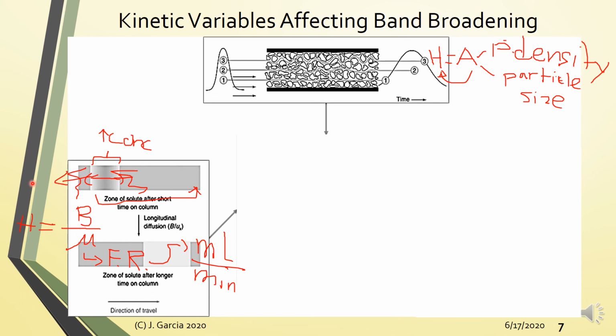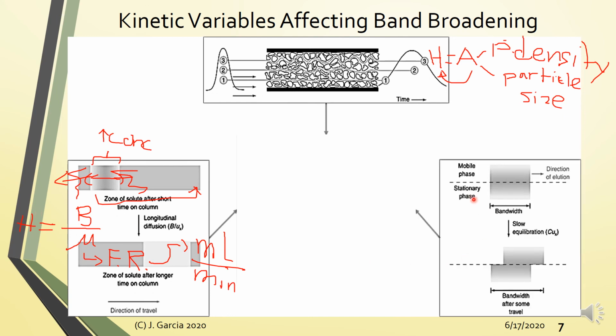But if you increase the flow rate, what happens? The theoretical plate height goes down, because you are preventing your band from diffusing, or not giving it enough time to diffuse. So this is the relationship of the diffusion term with theoretical plate height.